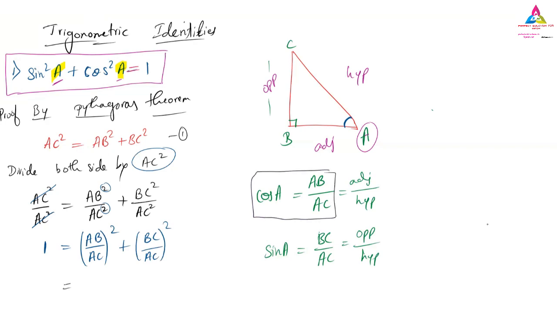It is cos A, and we have the whole square. Similarly, BC by AC is nothing but sin A, the whole square. But the square, I can write inside.